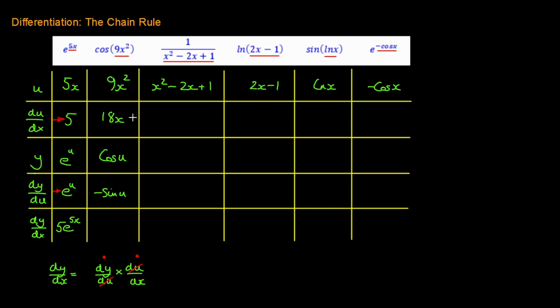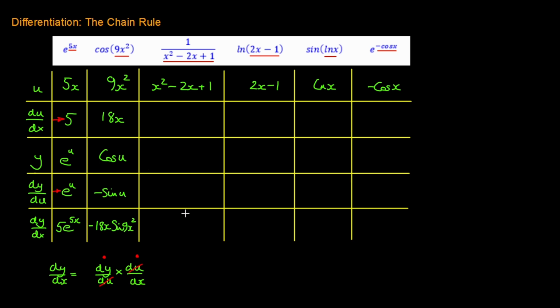Multiplying our du/dx by dy/du, we get 18x multiplied by negative sine u. Well, again, sine u, I'm going to put u back as 9x squared. So we get negative sine of 9x squared. Squeezing it in a bit there, and there's our answer.